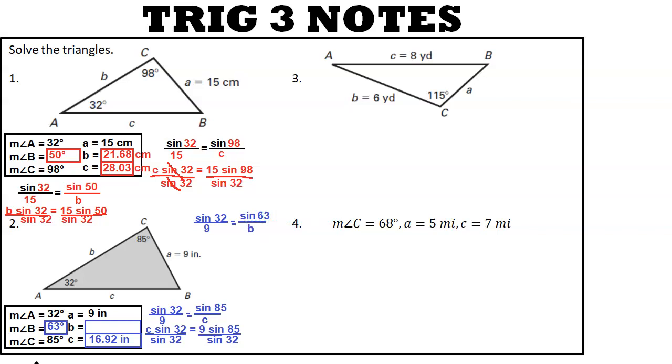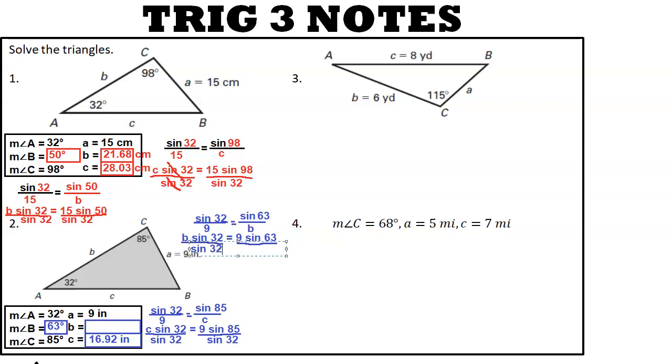All right, so then when you cross multiply, you're going to get b times the sine of 32 equals 9 times the sine of 63. And same plan as last time, we're going to divide both sides by the sine of 32 to wrap up our problem.